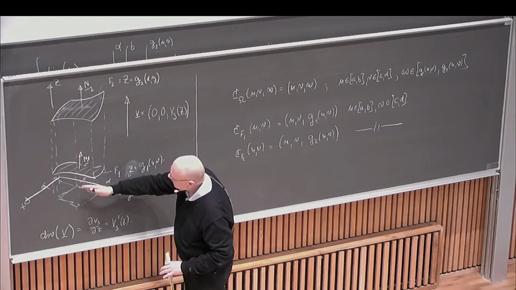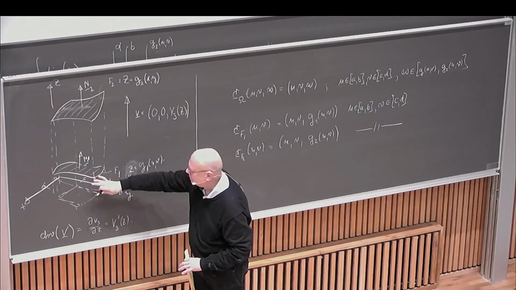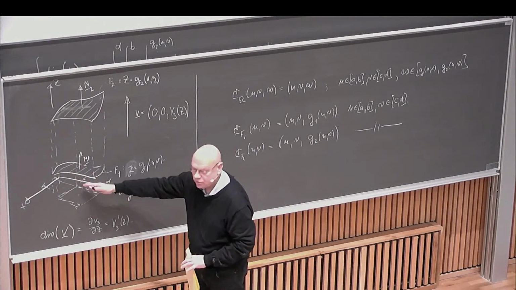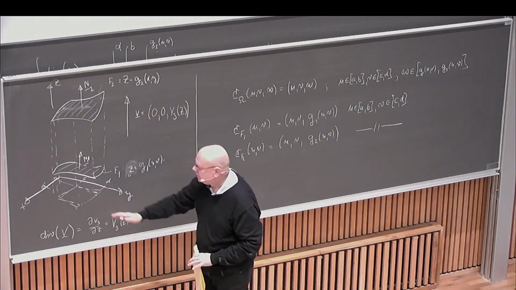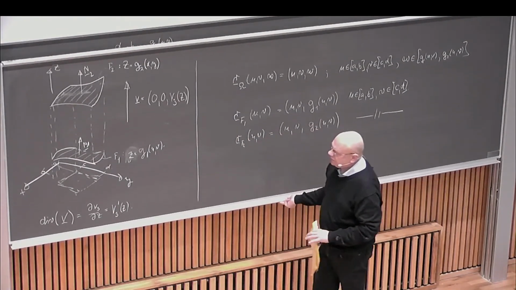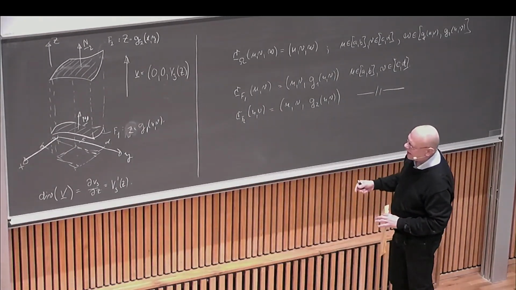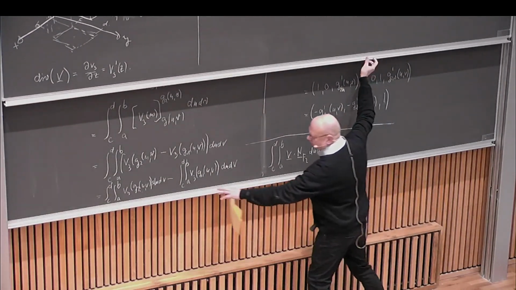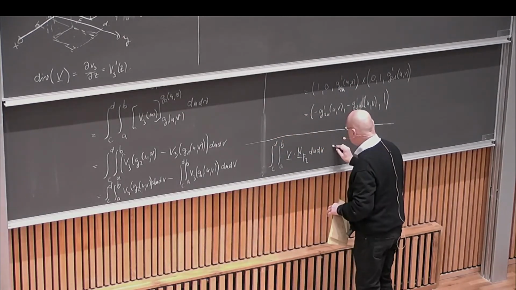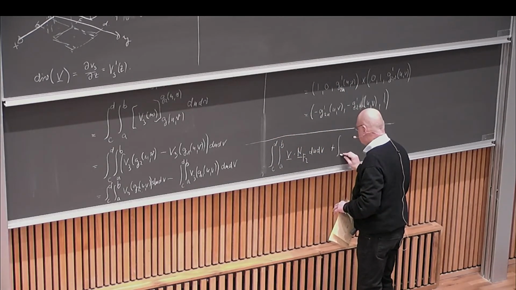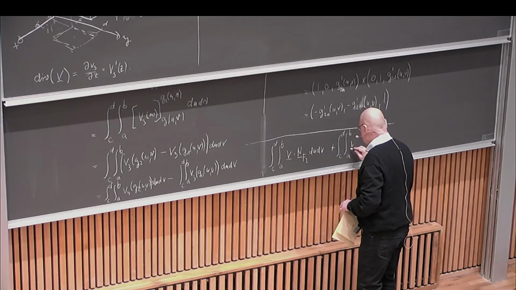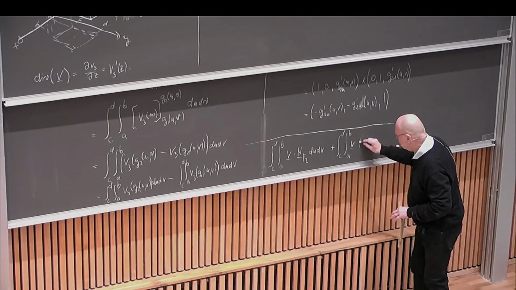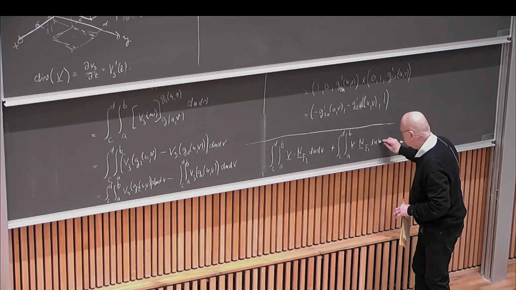But when you're looking at the Gauss formulation here, you want an outward pointing normal vector. So you will have to change the sign of that vector. But you have a minus sign here. So you get plus the integral from C to D and A to B of V, and then N1 du dV.